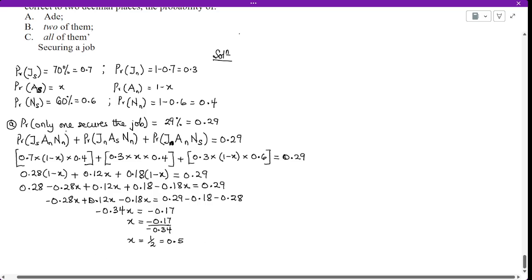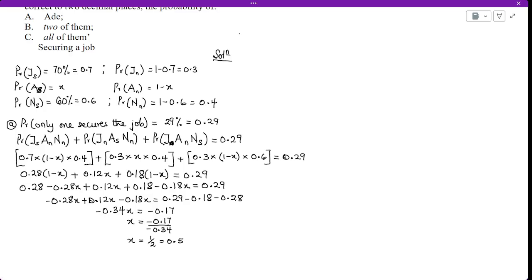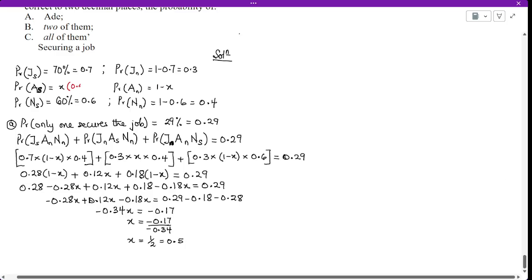We know that x is the probability that Ade secures a job. We represented it over here, right? Let me just represent this. It gives me 0.5, and 1 minus 0.5 gives me 0.5 again over here, right? So now let's present our answer.